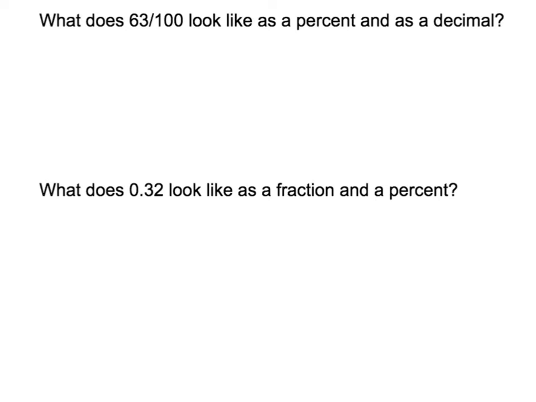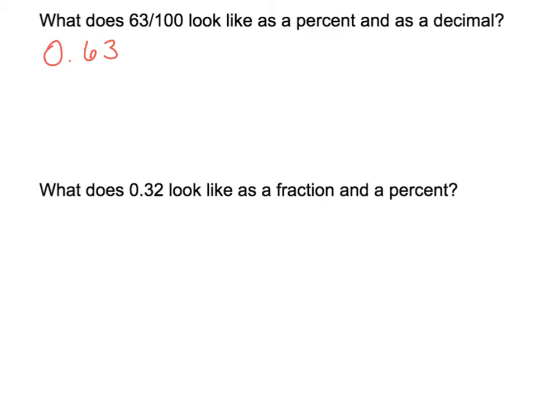Alright, so let's try starting with a fraction. If we have 63 out of 100, what does that look like as a percent and as a decimal? Well, we learned a while back that when we are writing a fraction into a decimal form, we want to write it as if it were out of 100. Here we're automatically given a fraction that's out of 100, so all we need to do to write this as a decimal is just write 0.63.